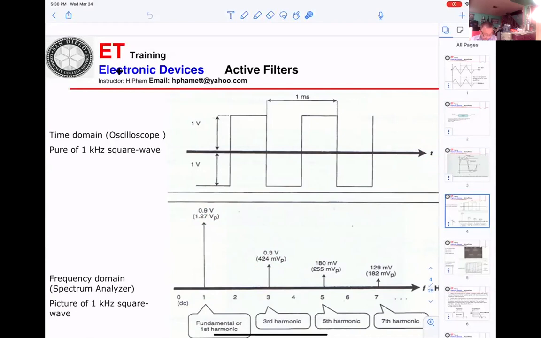This is the picture of a 1 kilohertz square wave displayed on the spectrum analyzer. It varies with frequency, which means for each frequency, what is the amplitude of that signal.